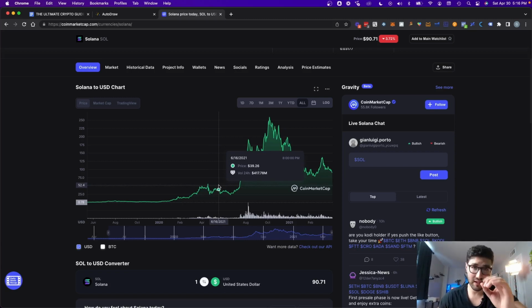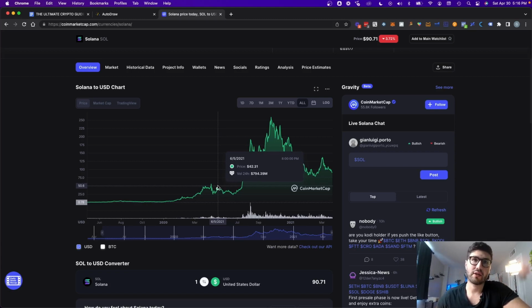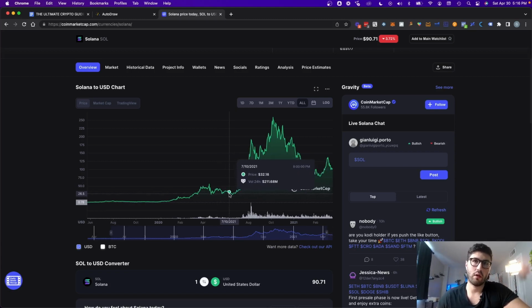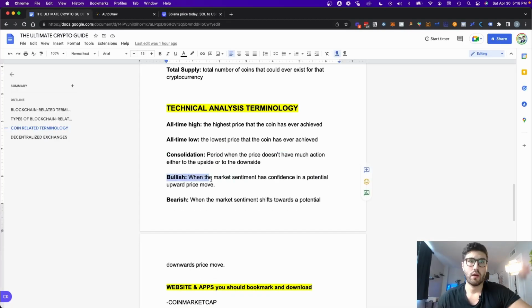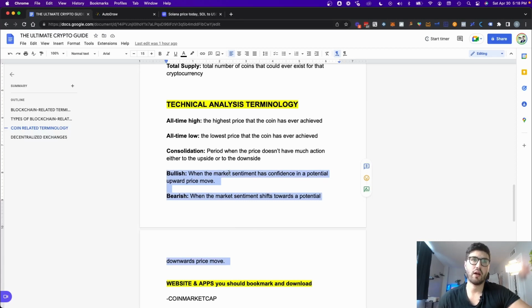Do not invest money that you cannot afford to lose. So that's what consolidation means: the price doesn't have much price action, and then eventually has either a move to the upside or to the downside.